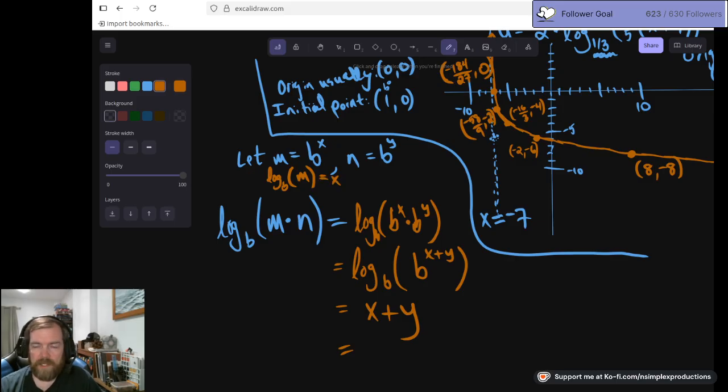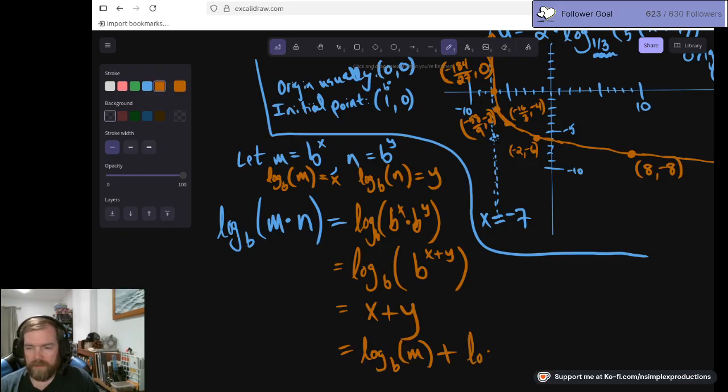Okay, n equals b to the y is saying, what is the exponent on a base of b that will get us n? That's y. b raised to the y is going to get us n, b raised to the x is going to get us m. So here, when we say x, we can replace that with log base b of m, plus we see y, that is log base b of n.